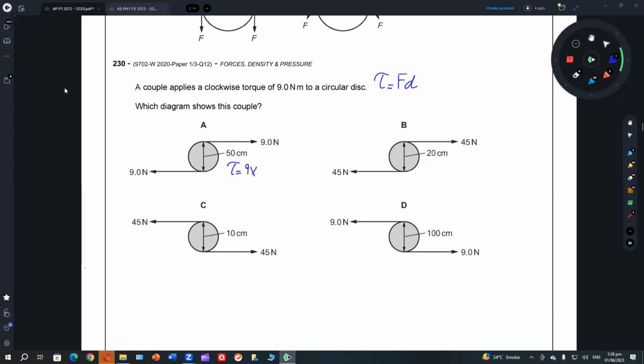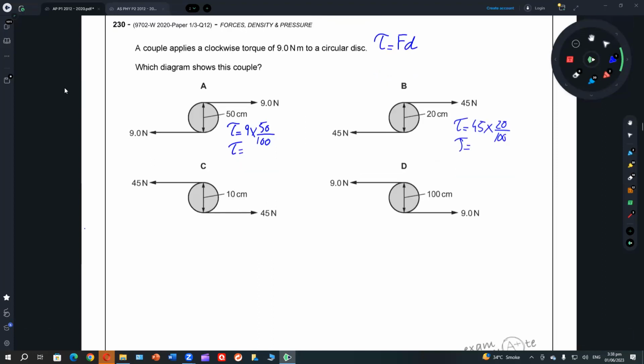But in torque, you do not consider the pivot.